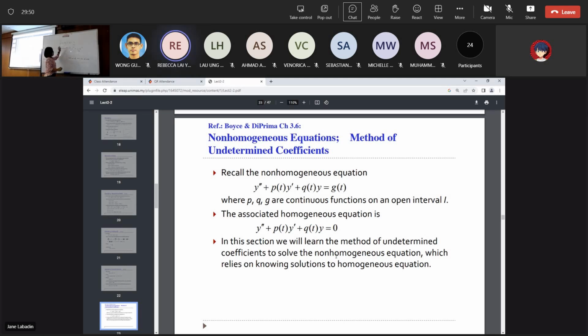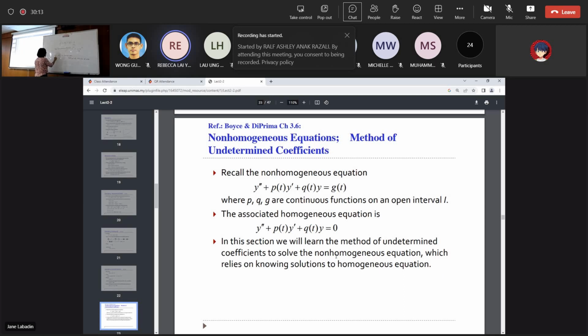Non-homogeneous is when G is non-zero, okay? And we look at the solution of the homogeneous part to hypothesize or to try for the particular solution.